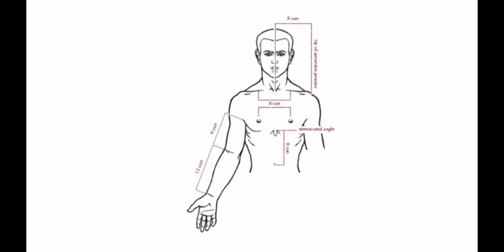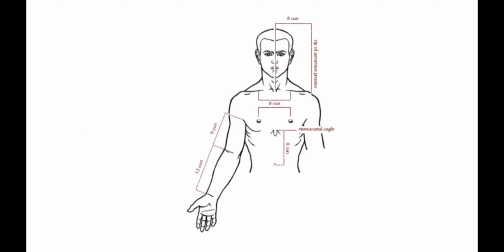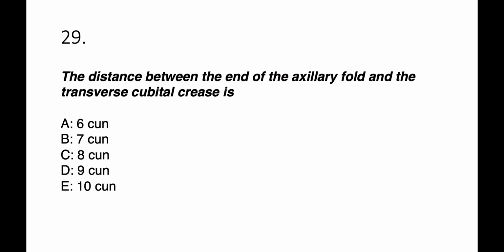Between that, can you see it? Axillary fold and the transverse cubital crease of the elbow. Ilang tune po yan? Anong sagot po?